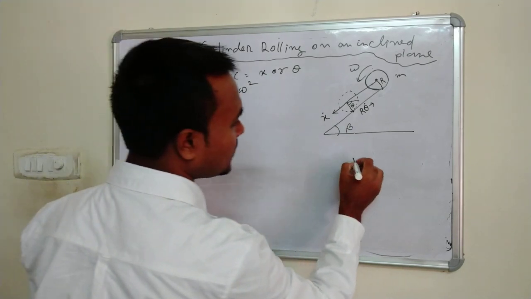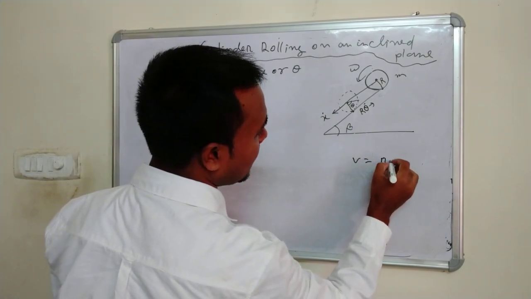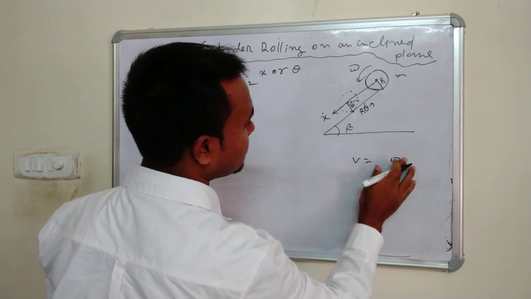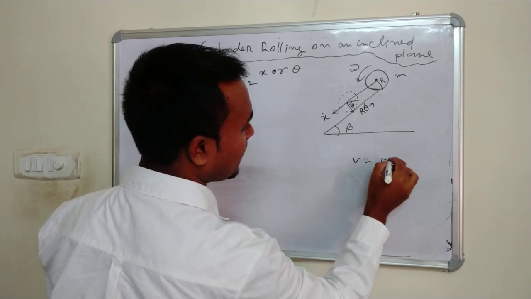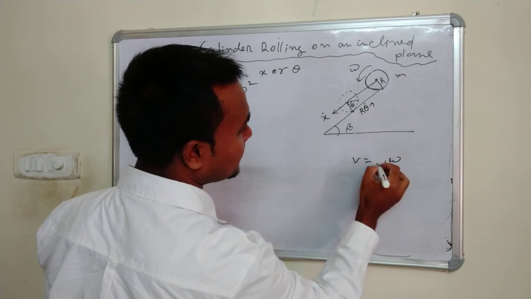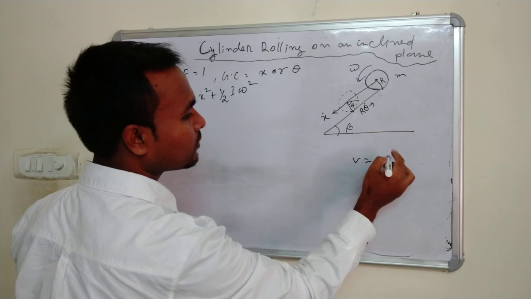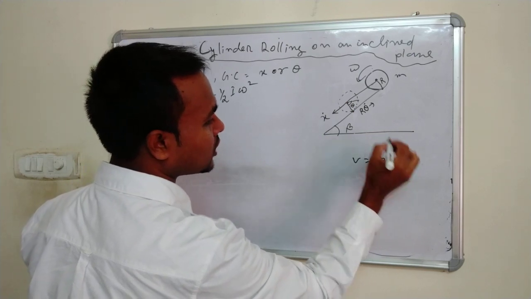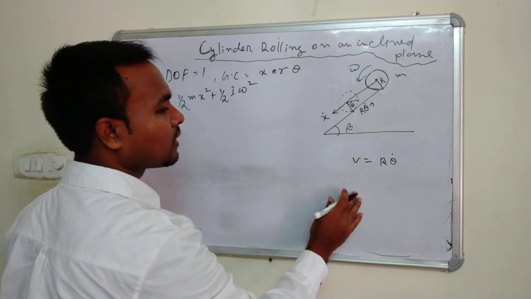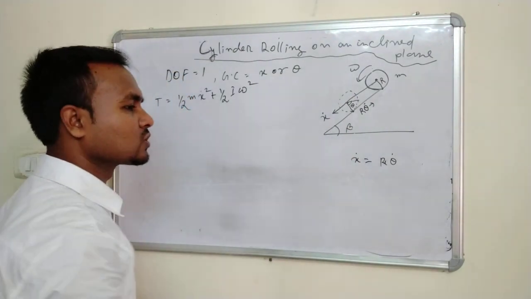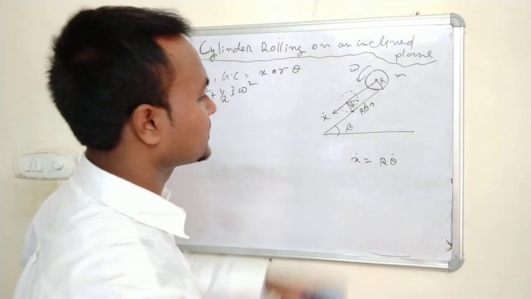So v equal to r omega. Here r will be the radius, omega will be theta dot, and this will be x dot. So your x dot equal to r theta dot.